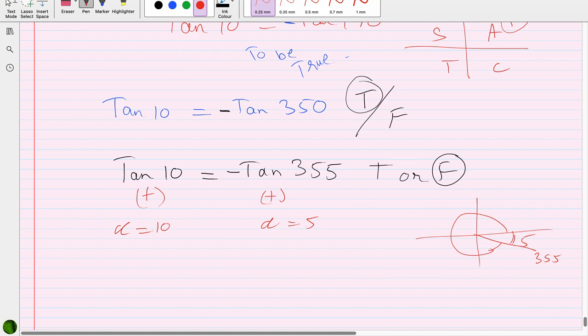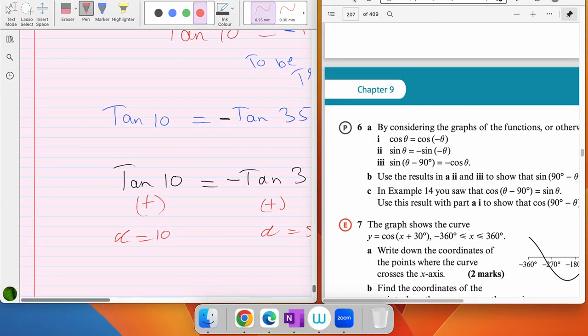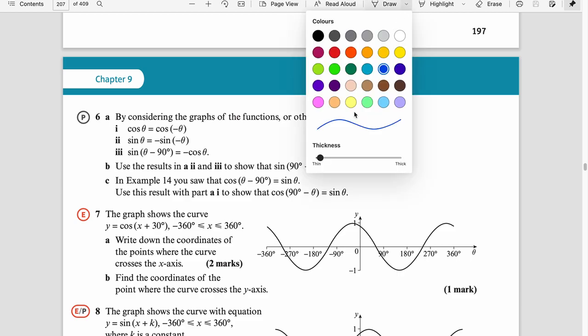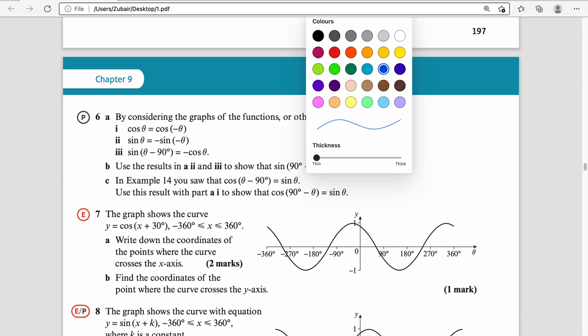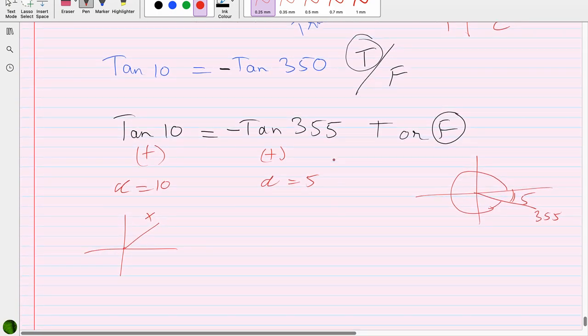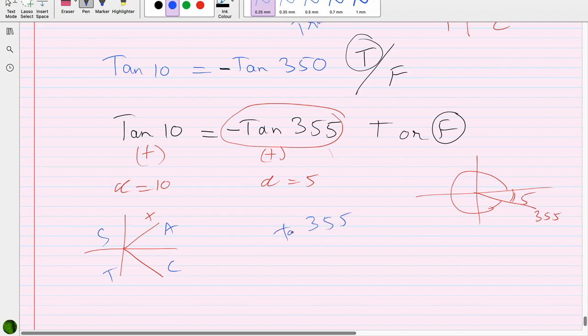So is this concept and this question clear? Last part, okay. In this case, we knew that tan 10 lies in the first quadrant and that will be a positive value. In this case, tan 355 would lie in the fourth quadrant, and in the fourth quadrant, add sugar to coffee, tan 355 itself would be negative, but we have written a negative sign outside.